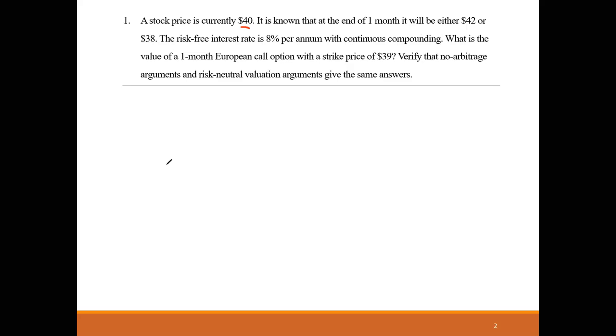So we can draw a binomial tree first, which will reflect the different paths that the stock price can take. Today the stock price is 40, and this can either go up to 42 or go down to 38.